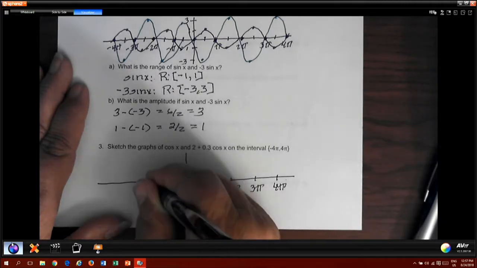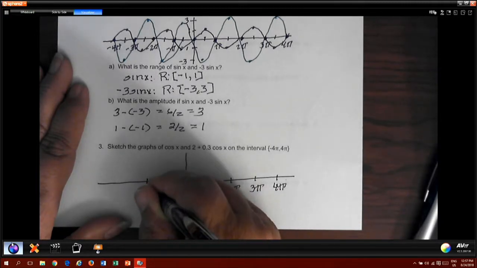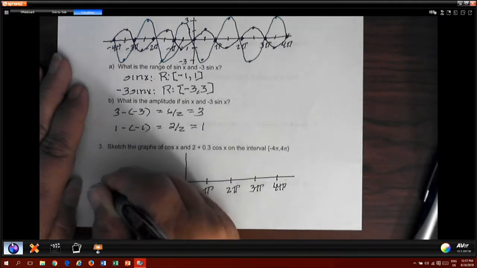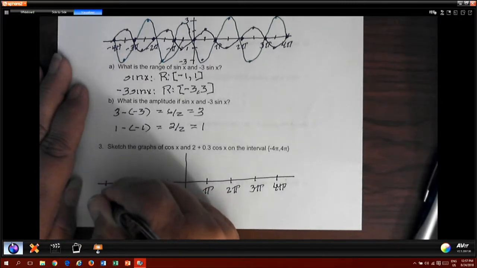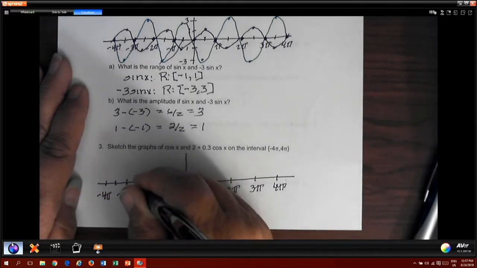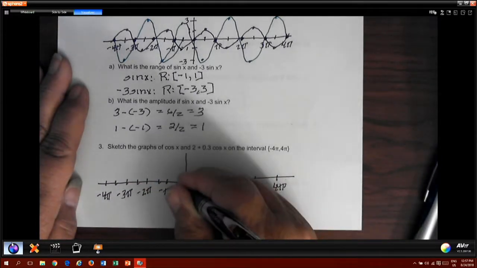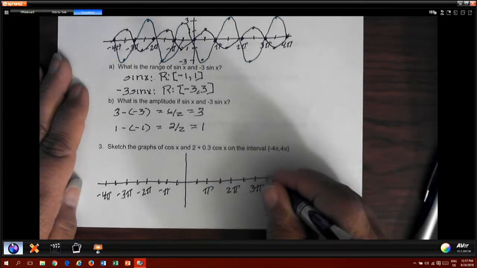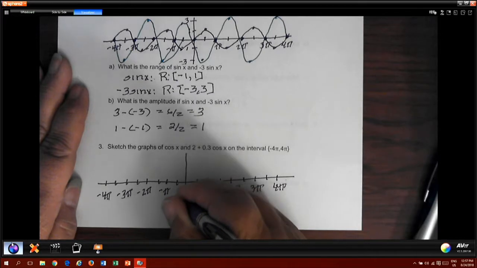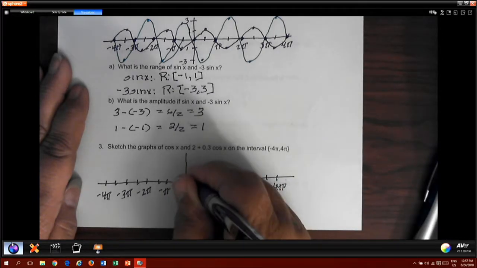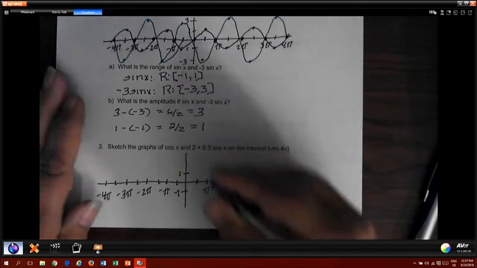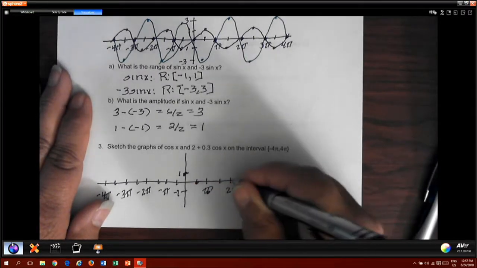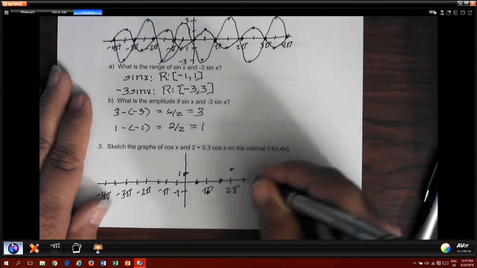Negative pi, negative 2 pi, negative 3 pi, negative 4 pi. We have 1, negative 1, and 1. So cosine starts at 1, goes down, then back up.